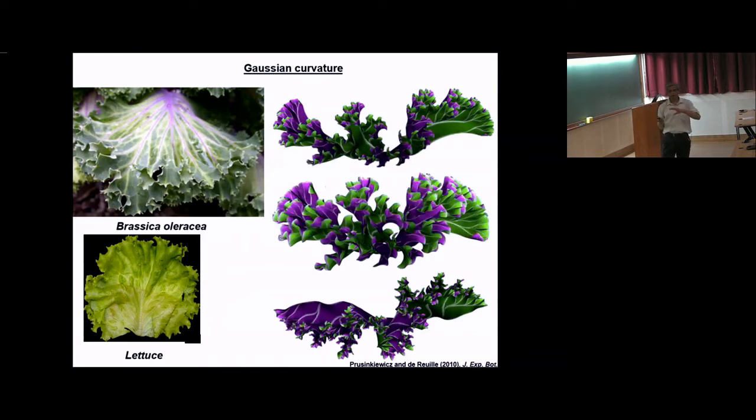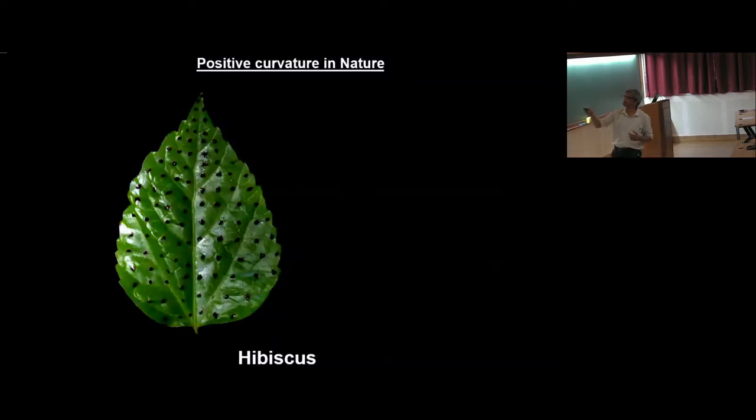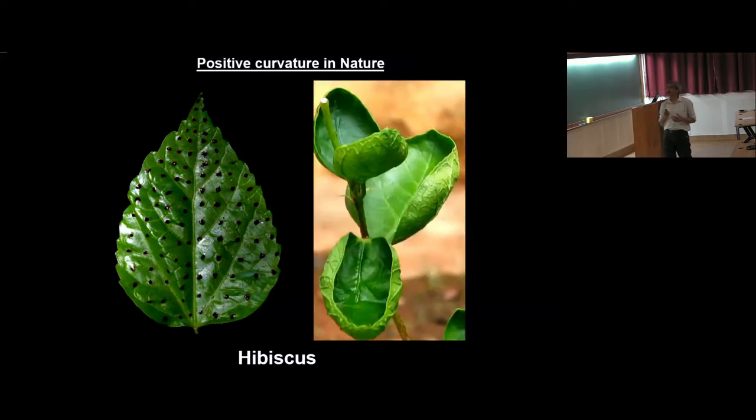In the model, he didn't use the positive Gaussian curvature, but in nature, you see the positive Gaussian curvature as well. For example, yesterday I showed you the hibiscus, which has flat and zero Gaussian curvature, but there is a variant of it, which is the Hawaiian hibiscus, which has a positive Gaussian curvature. And as you see, when the photograph was taken, the day before it rained, so you can see the water getting collected here.